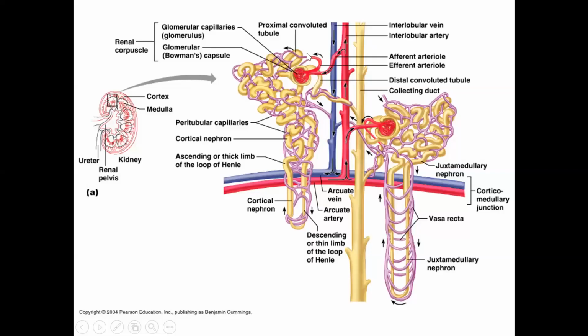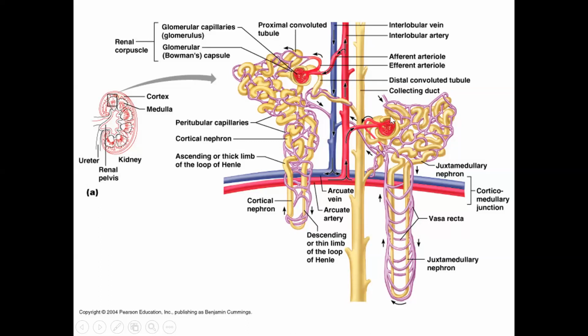Okay, so this type of nephron is called a cortical nephron because the majority of the structure is in the cortex. Remember, this is an arcuate artery, which separates cortex and medulla. If you look at this type of nephron and its tubular structure, the loop of Henle extends deep into the medulla.